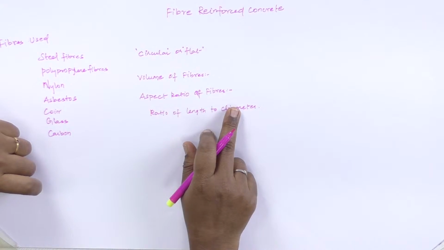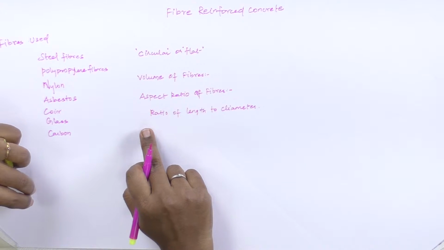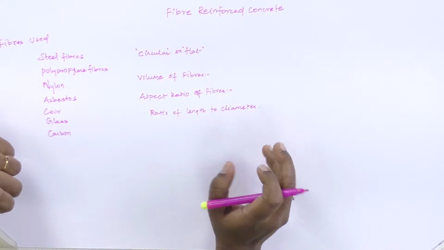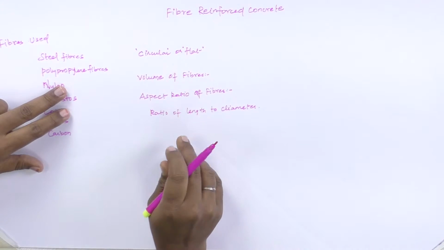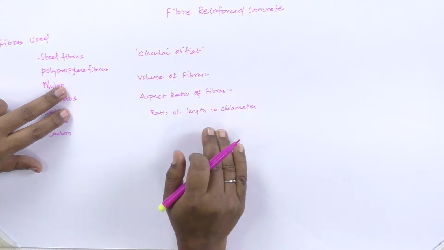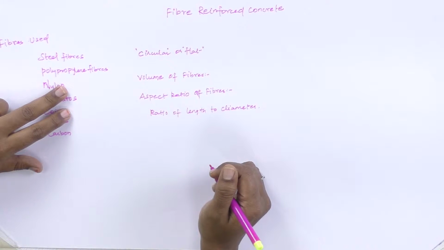The aspect ratio of fibers is nothing but the ratio of the length of the fibers to the diameter of the fibers which we are using in concrete. Based on this, it has a certain influence on the properties of fiber reinforced concrete.